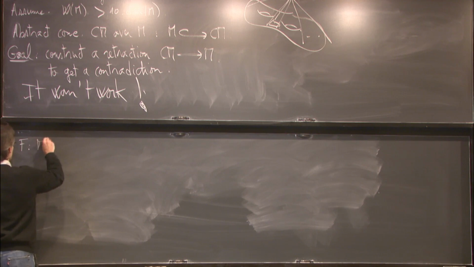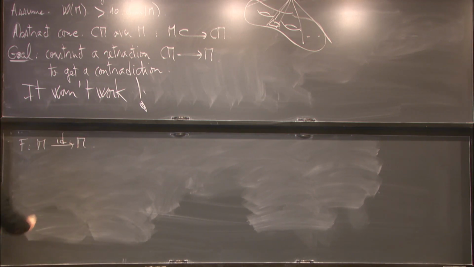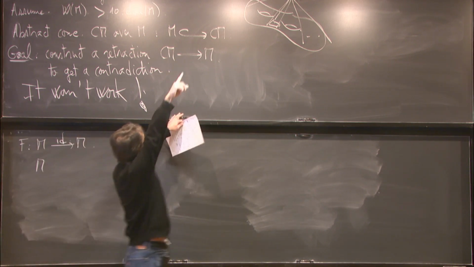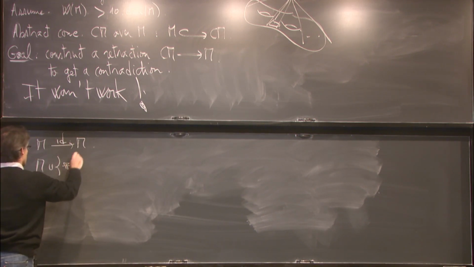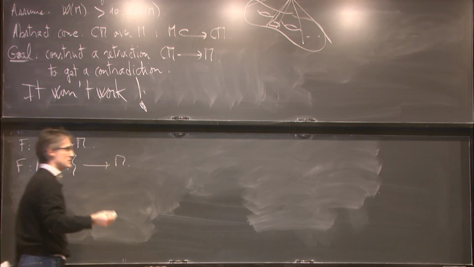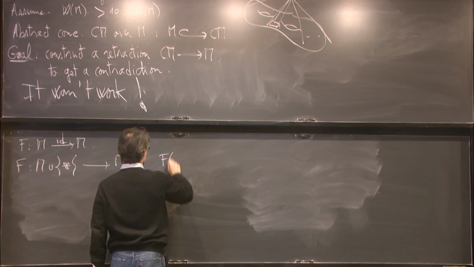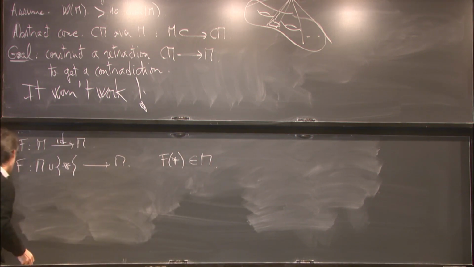Let's try. First we have the identity map. Then you look at the vertex, and you map the vertex wherever you want on the surface. You can do that.